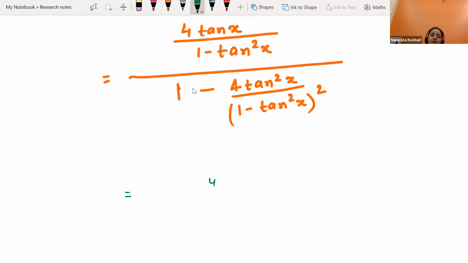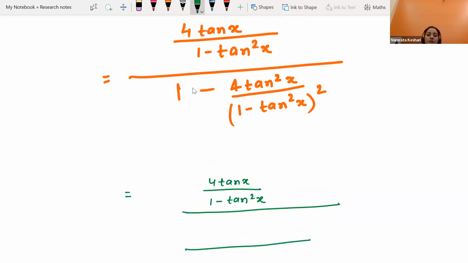4 tan x by 1 minus tan square x over (1 minus tan square x) square. What will be the LCM? What will be the LCM? 1 plus tan square x minus 2 tan square x.